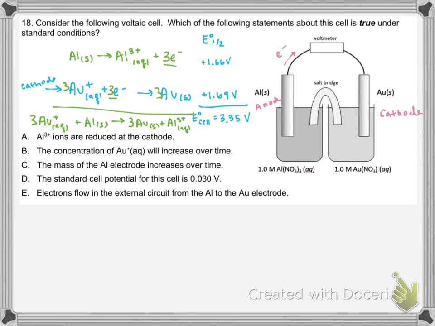Electrons are going to flow through there to the gold and reduce the gold ions. When that happens, some solid gold is going to form on the electrode. Whereas on the aluminum side, it's dissolving. So some aluminum ions are going into solution, and we'll have a hole in our electrode that's formed.